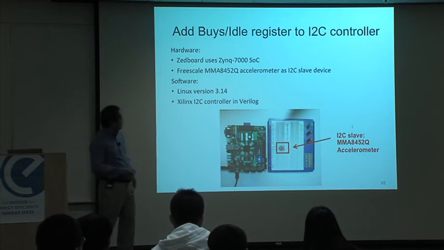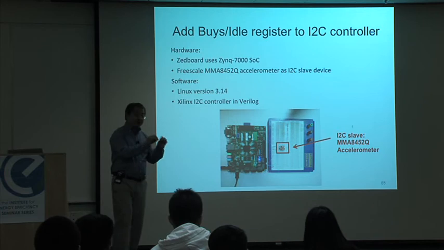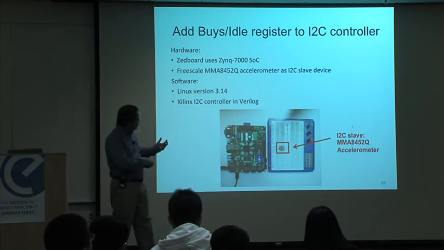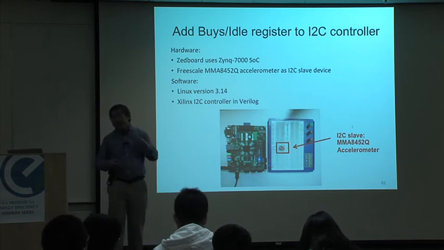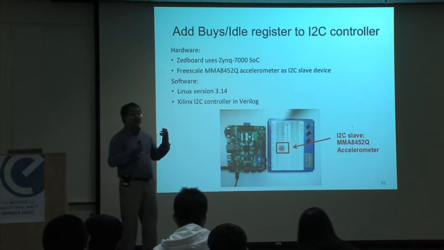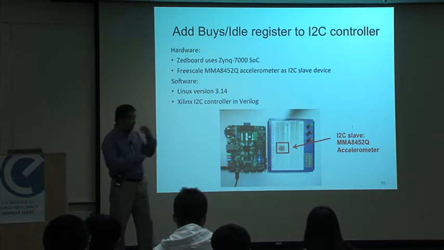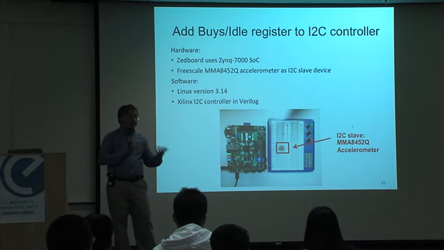It's in Verilog. We connect this I2C bus to an accelerometer off the chip, shown here, and we try to disable and enable it. We input that register bit to this IP, and use that information to implement our centralized power management to see if it works or not.